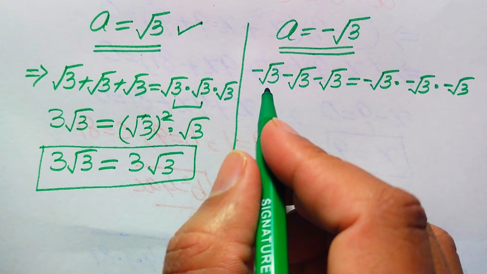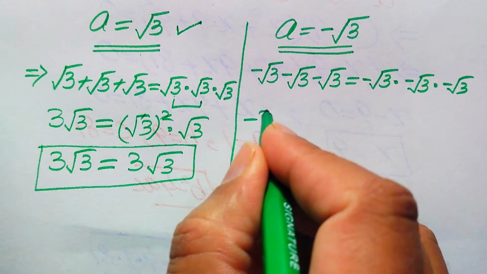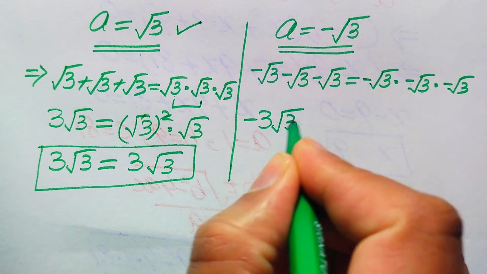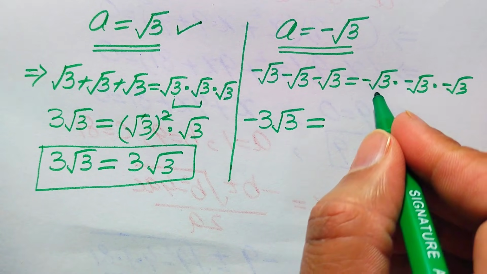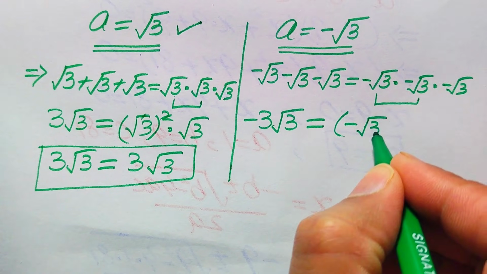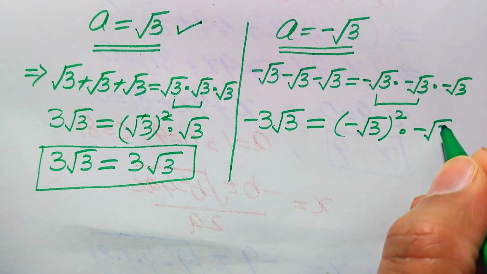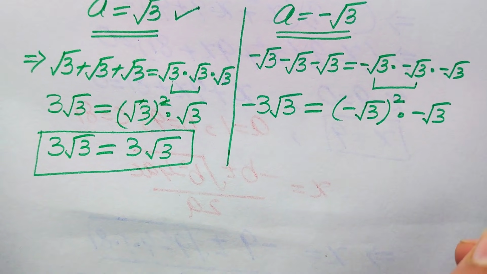Here you see that negative terms are added 3 times, we write it as minus 3 times square root of 3 is equal to, here again you see that these two values are multiplied by each other, and we obtain minus square root of 3 whole square multiplied by minus square root of 3.